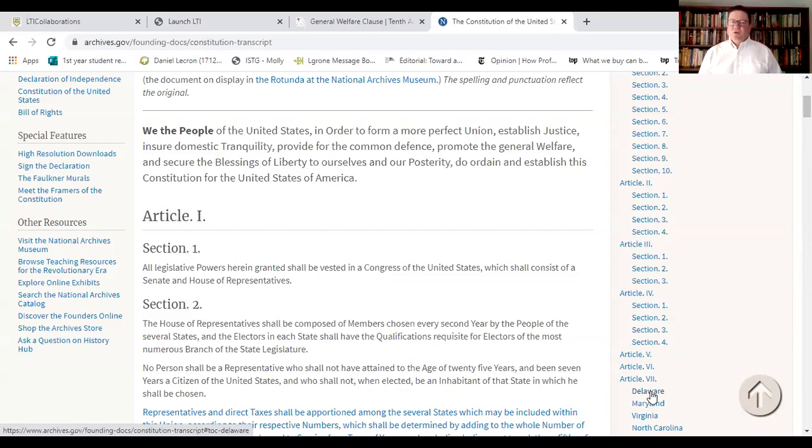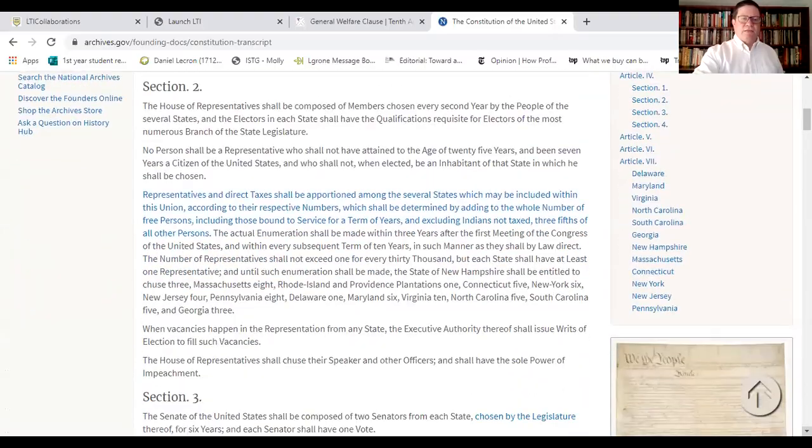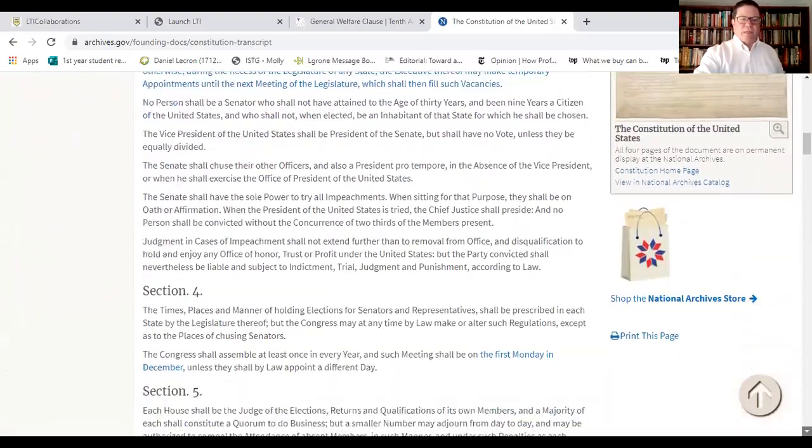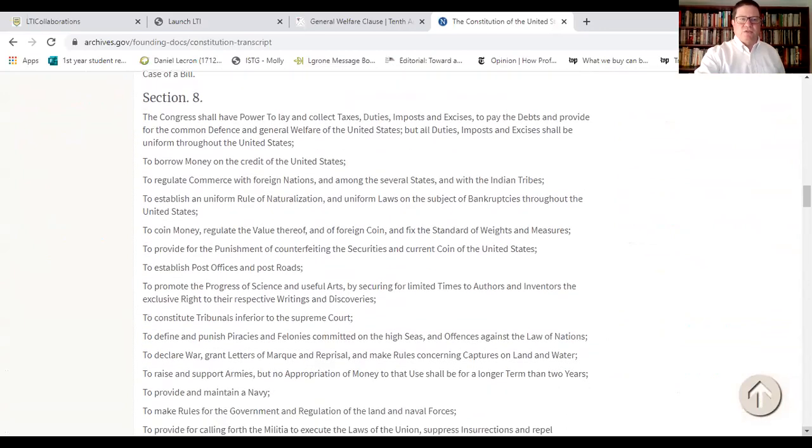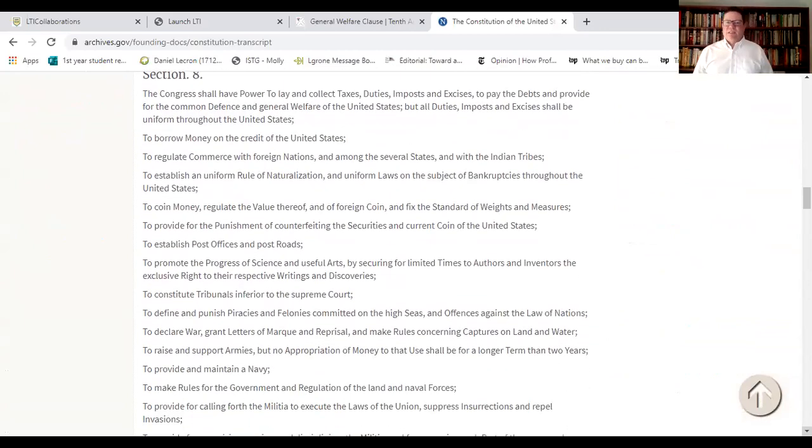So if we take a look at the powers delegated to the federal government, and we go down to Article 1, Section 8 of the US Constitution, what we essentially see is that there is a list here of 18 different functions that the federal government has the ability to do.